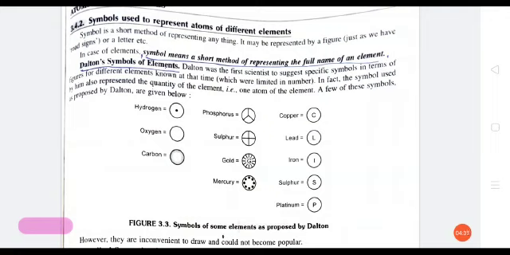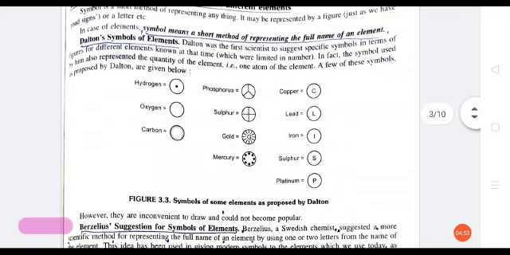Firstly, this idea was proposed by British chemist John Dalton. Few symbols given by Dalton are given below. See figure 3.3.